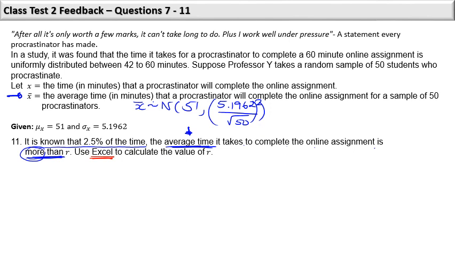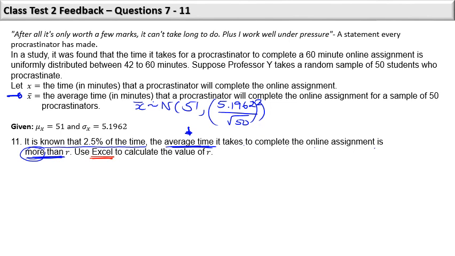You will remember in the lectures, we say these instructions are important because there is a rounding discrepancy between Excel and using the tables. Excel uses the full Z value while the tables use rounded Z values. So please take note. Whenever we say do your calculation on Excel, don't use your tables.